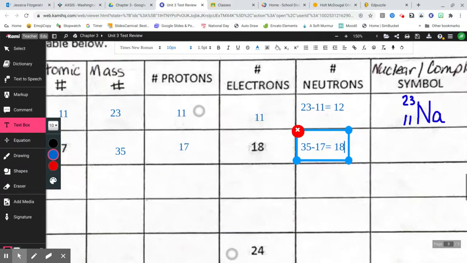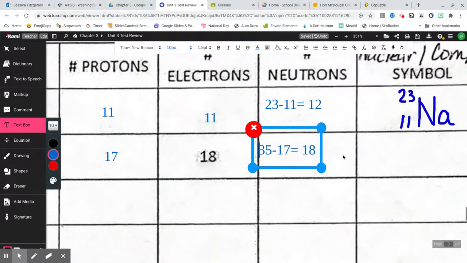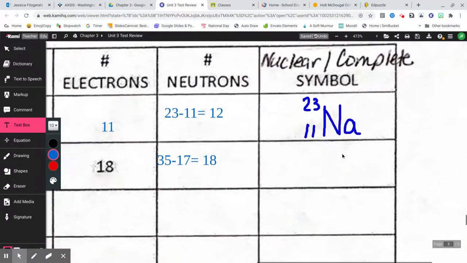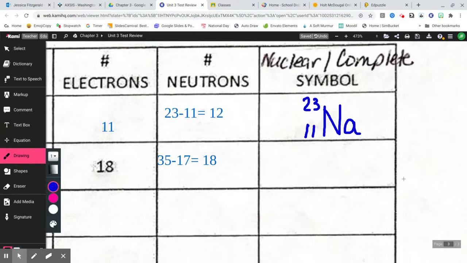And then we're going to write our complete or nuclear symbol. So our element symbol is Cl. Our mass is 35, so that's going to go in the upper left-hand corner. Your atomic number goes in the lower left-hand corner, or your number of protons.